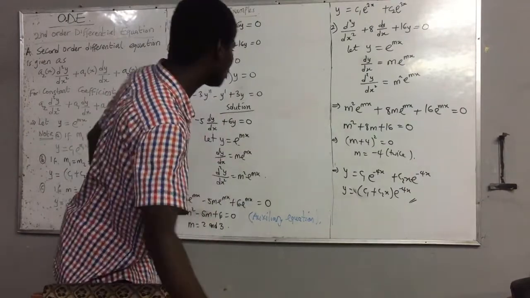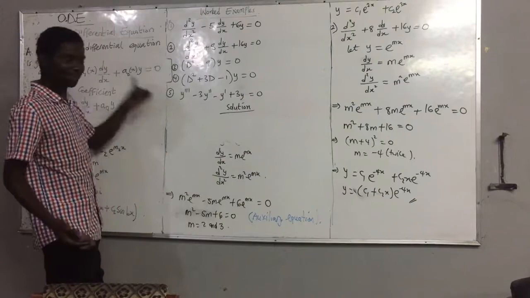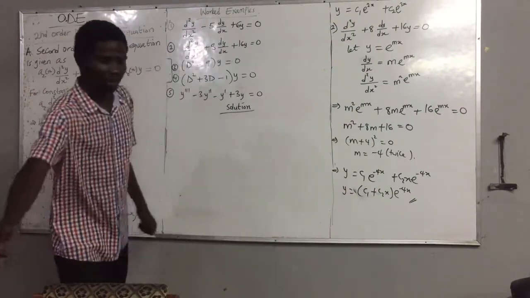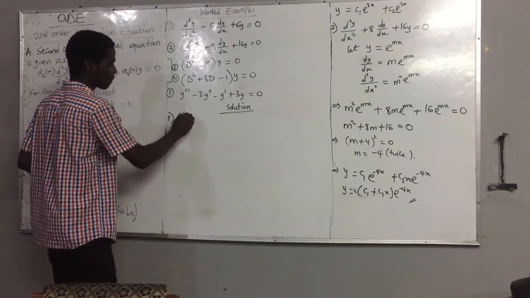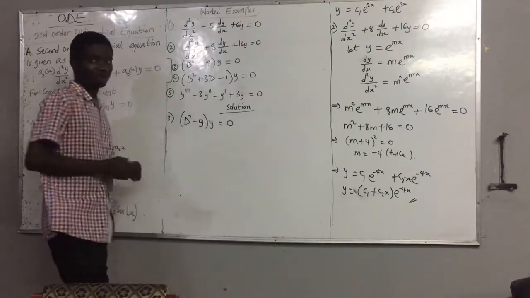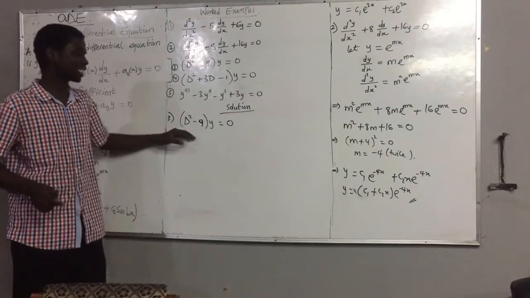So now let's come to the third one. After the third one, the fourth one, after the fourth one, the fifth one, and we are through. So now the third one, number 3, you have (D squared minus 9)y equals 0. So what is this D squared? This is another way of writing the differential equation.